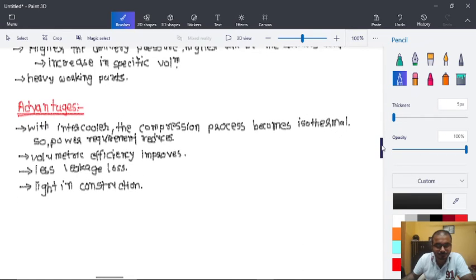So obviously there are some disadvantages. That is, it is expensive, the cost-related disadvantage, expensive in initial cost.